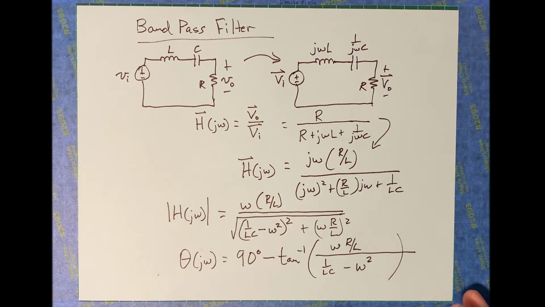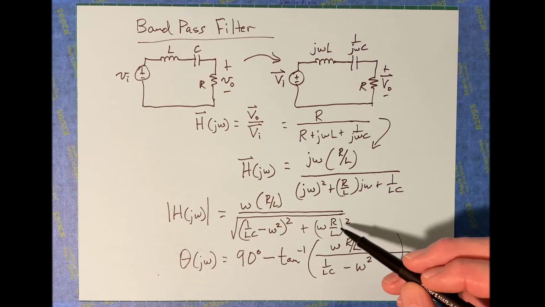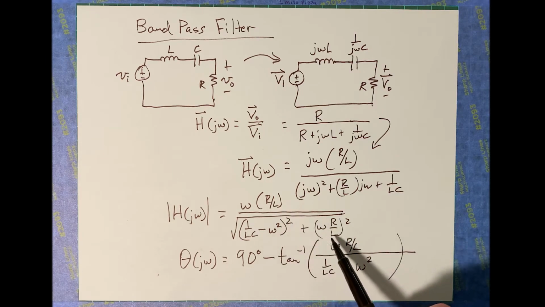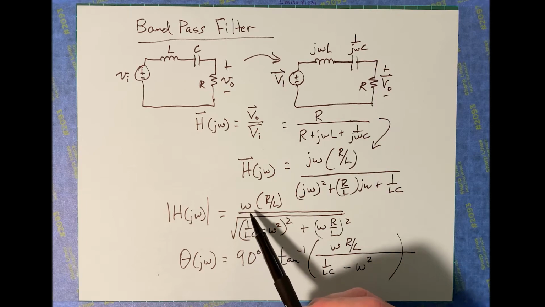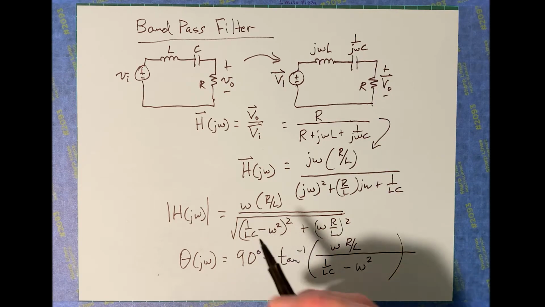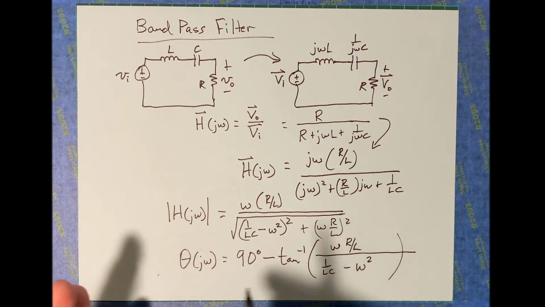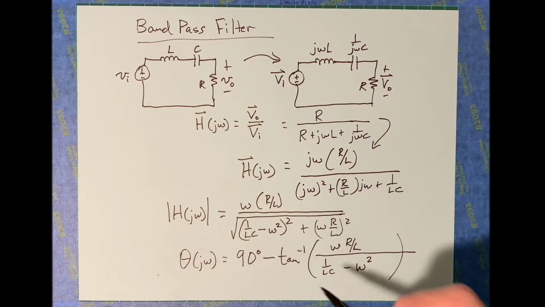From these, you could calculate the output and the input and so forth. However, if you were to graph this, let's say you do the same sort of thing that we did previously. You pick some arbitrary values for R and L and sweep omega across a whole bunch of different frequencies, maybe go from 0 to a very large number.